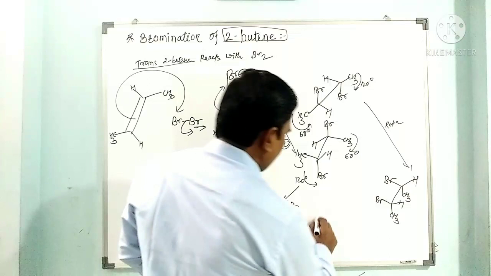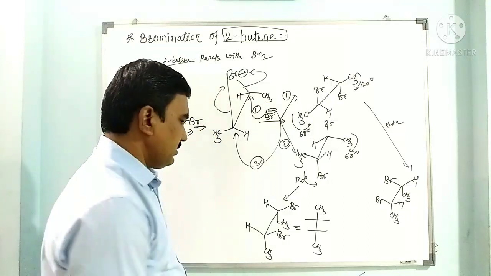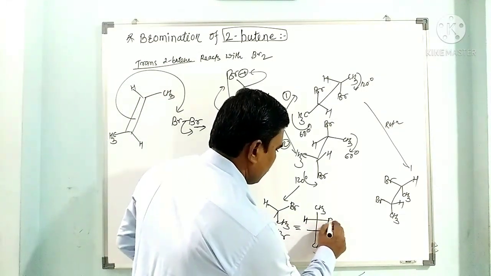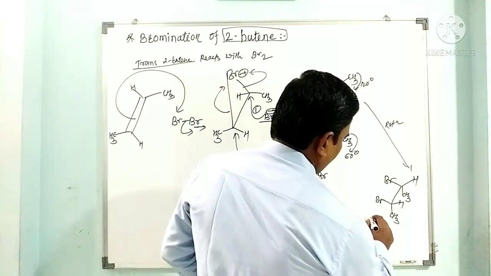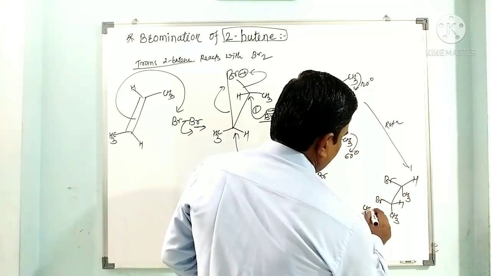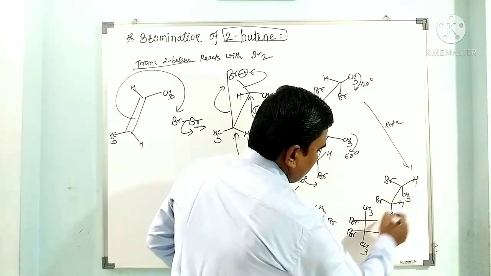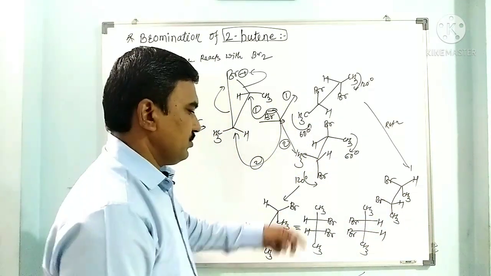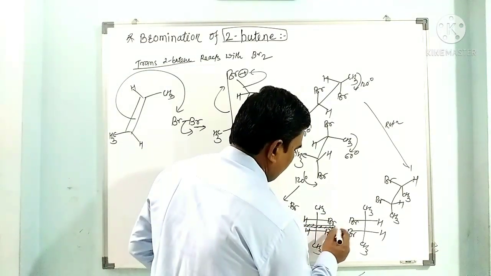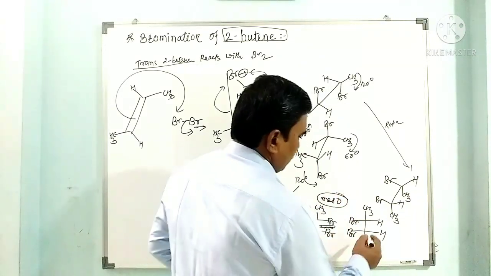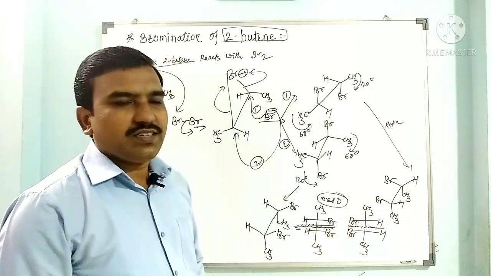When we represent this in a Fischer projection, we are having CH3 on the vertical bonds, and here H, Br, here there is H, Br, and in this way from this side we are having CH3 down, here there is a Br, and here H. So here Br, and this means here actually we get the meso product, and this also has a plane of symmetry, and both compounds are identical.